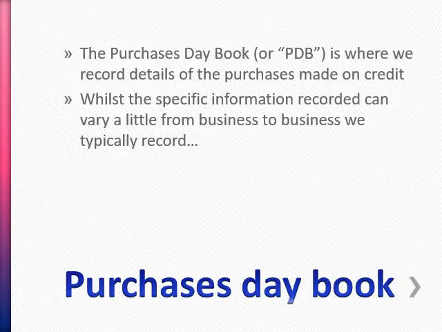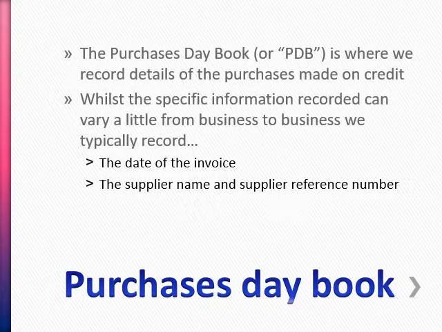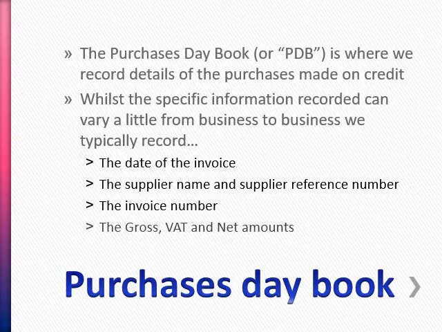Now, different businesses may record slightly different things from the invoices that they receive from suppliers, but in general, there are certain things that we will always see being recorded. So, for instance, the date of the invoice, we'll have a supplier name, and that supplier will almost always have a supplier reference number. We'll record the invoice number as well as the gross, VAT and net amounts from the invoice itself.